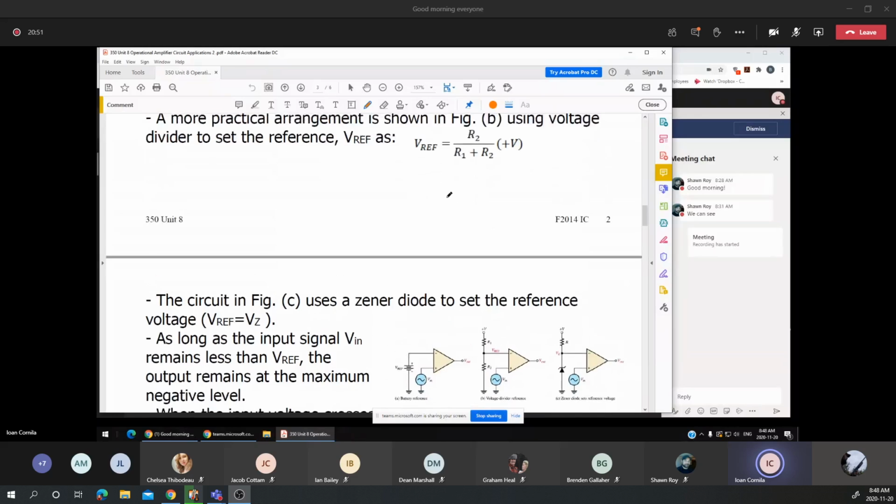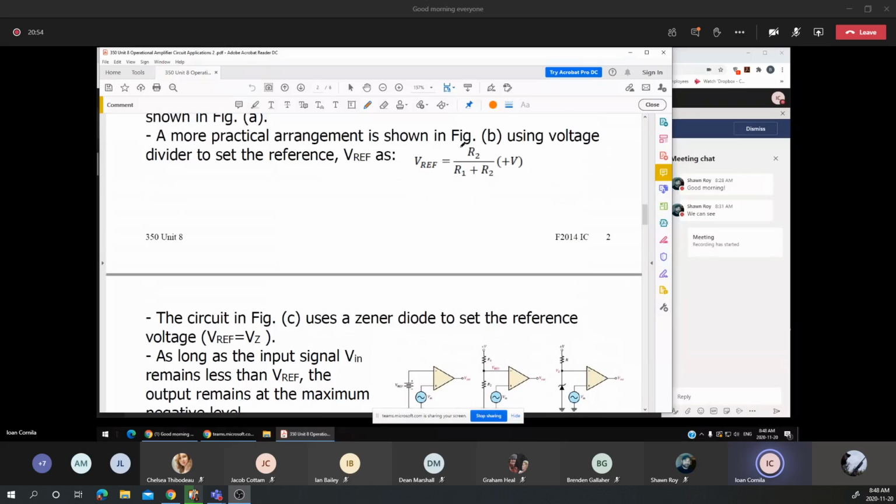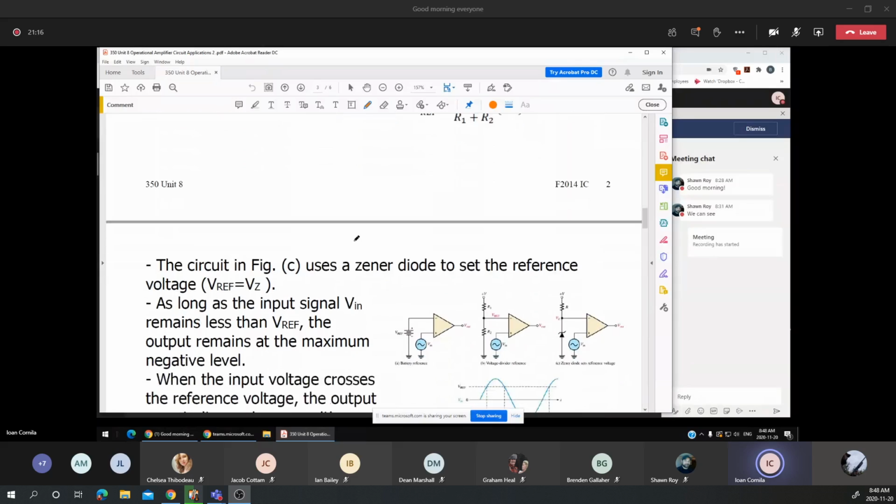And I will choose the value for the resistor R1, which means I have a single equation with a single unknown, to find the resistance R2. That's the easiest way to determine the value of R2 for an imposed reference voltage, choosing one of the two resistances.